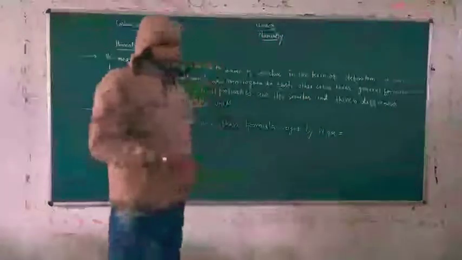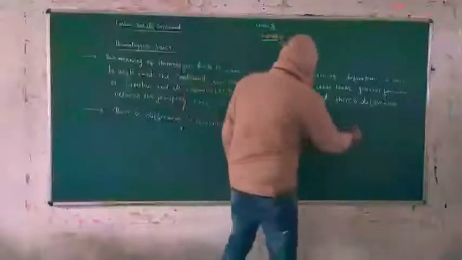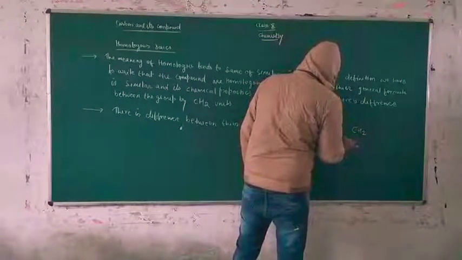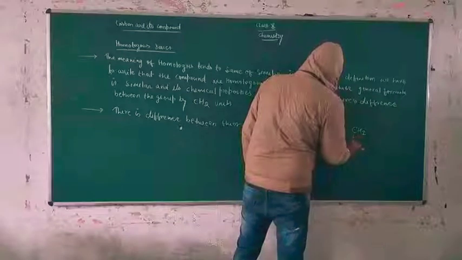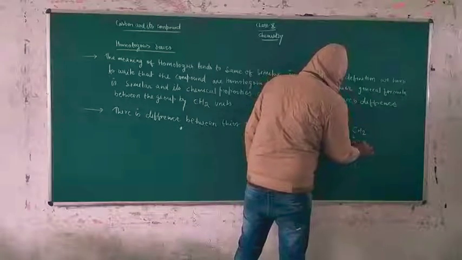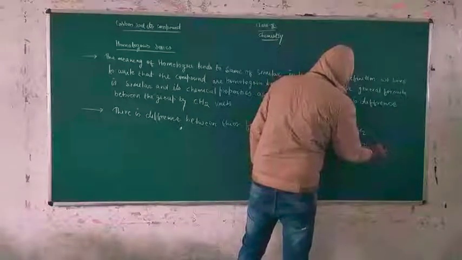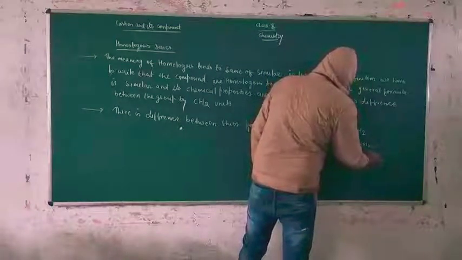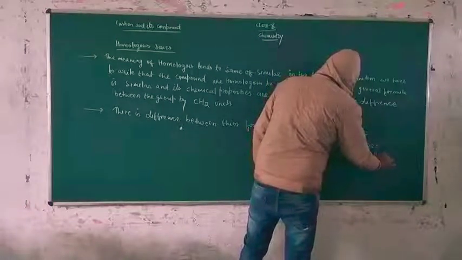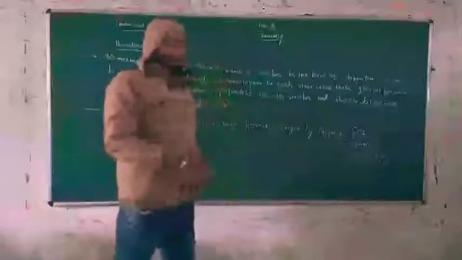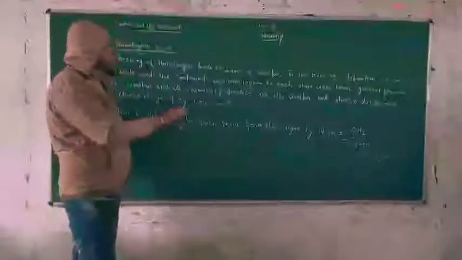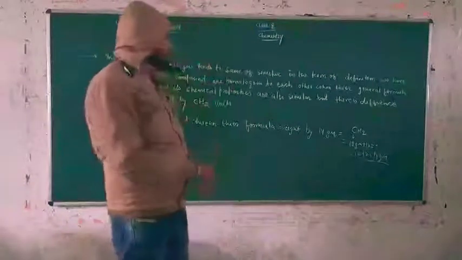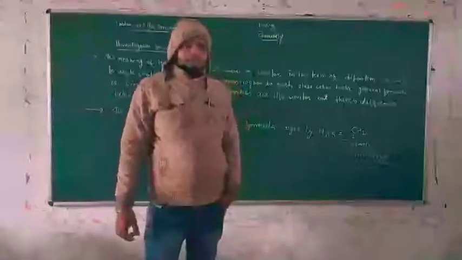From where does 14 grams come? There is a difference of a CH2 unit. The formula weight of CH2 is 12 grams of carbon plus 1 into 2 grams of hydrogen, equal to 12 plus 2, equal to 14 grams. That means the difference of 14 grams comes from the difference of CH2. Your formula weight of CH2 is equal to 14 grams.